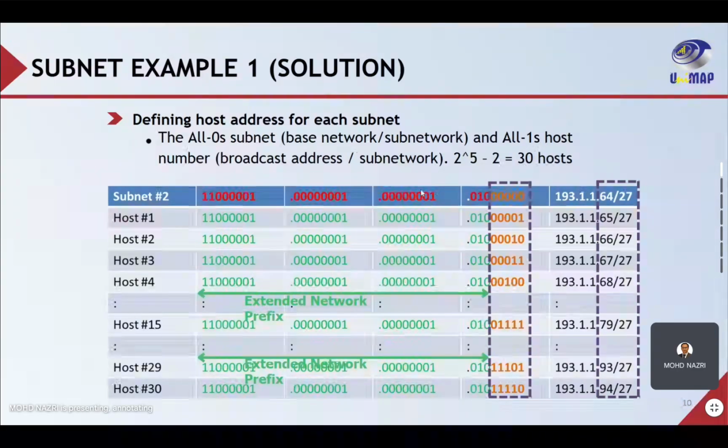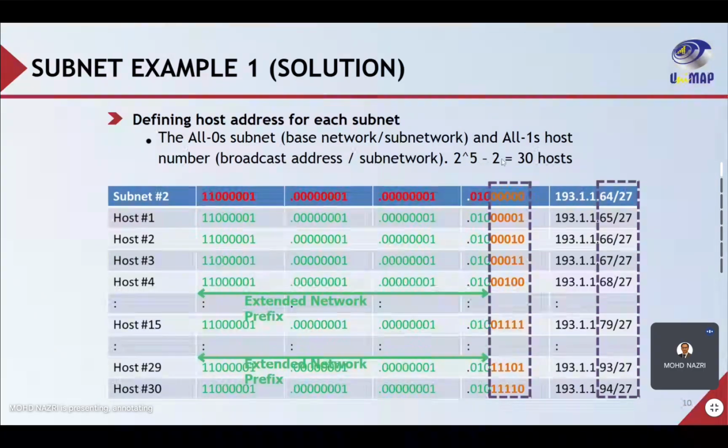So kita start. Host 1, 0, 1, 2, 3, 4, 5, bla bla bla sampai 30. Kenapa 30? Sebab kita ada 5 kan. 2 power 5 is 32. Tapi kena ingat, broadcast address and network subnet address kita tak boleh pakai, itu untuk sistem.